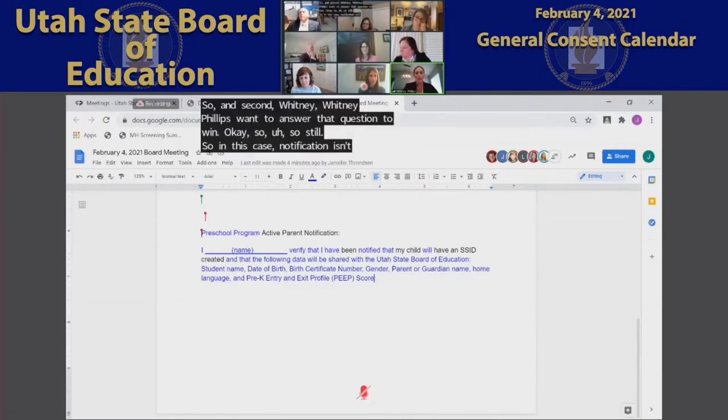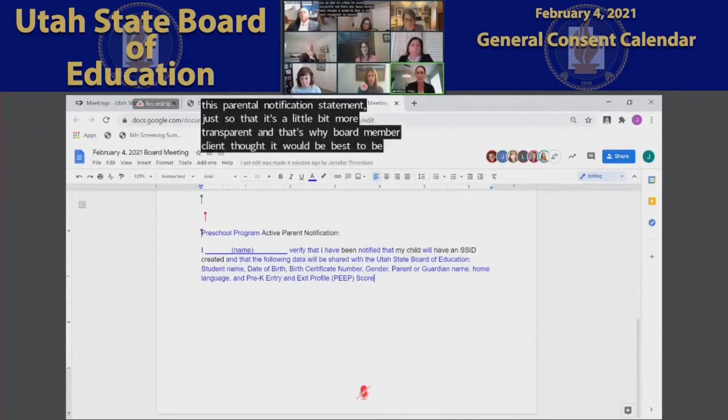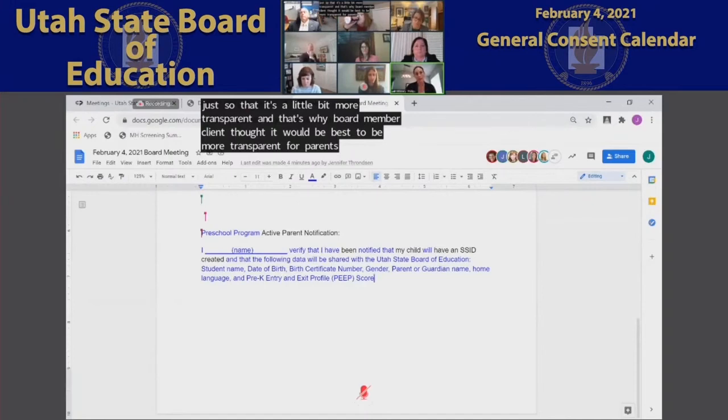However, providing this active notification, which I haven't seen that term before, I think is a little confusing to parents. It gives parents maybe rights that they don't necessarily have, but that they have the courtesy of having. I'm not sure what would happen, for example, if a parent doesn't sign this form, since the legislature still expects there to be testing, and because money is given, these programs need to be evaluated.